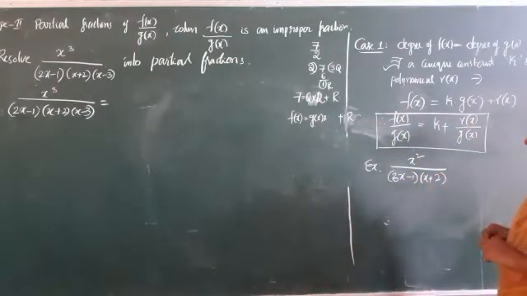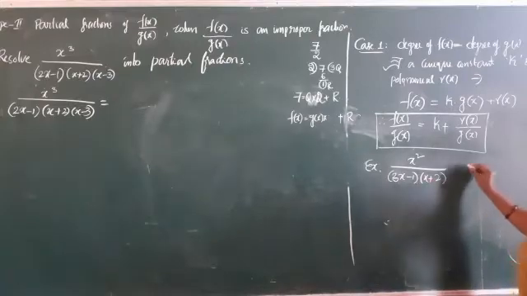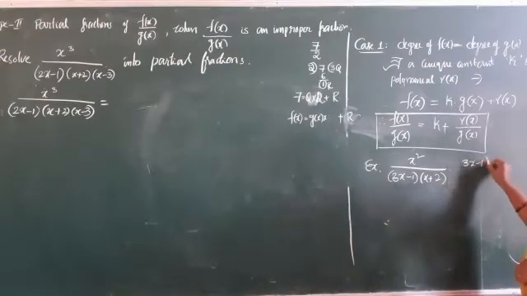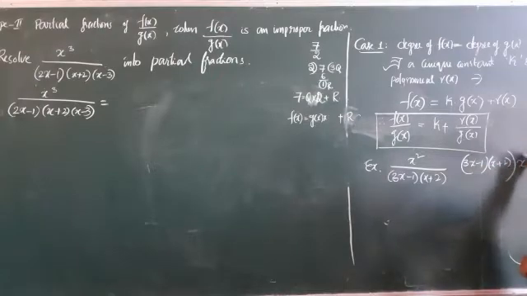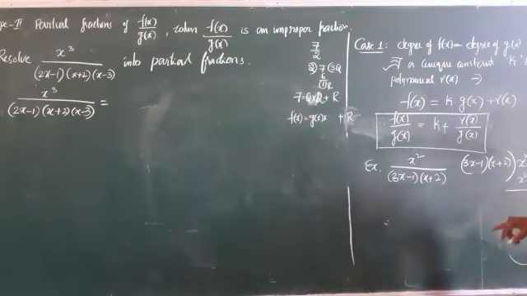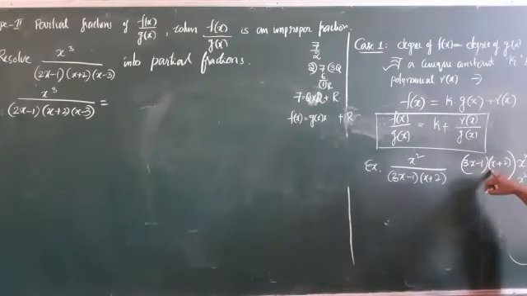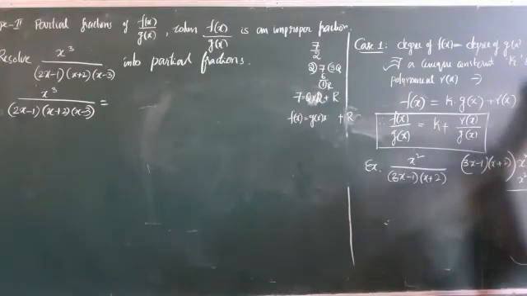See, x square is being divided by (3x minus 1) into (x plus 2). 3x into x, we are supposed to get x square here, the first term, right? So 3x into x gives 3x square, but we have only x square. To get only x square, if you multiply with 1 by 3, what do you get? x square, right?